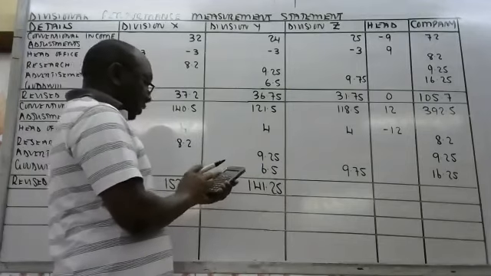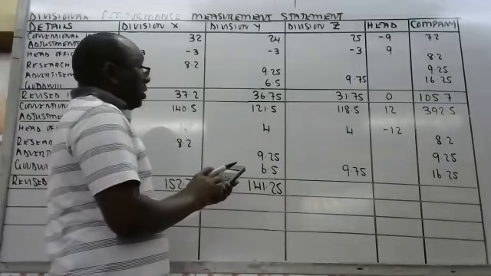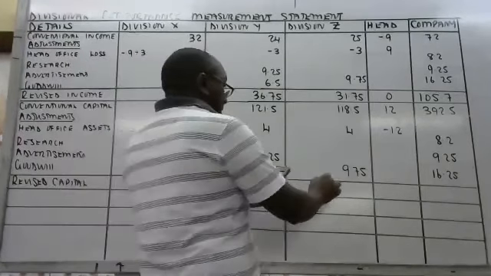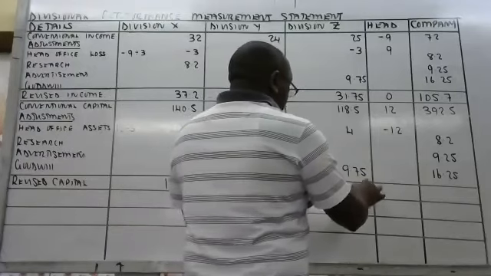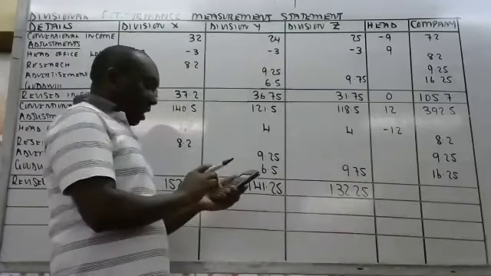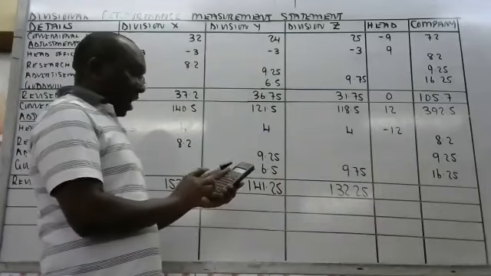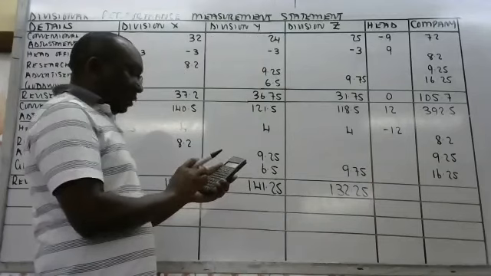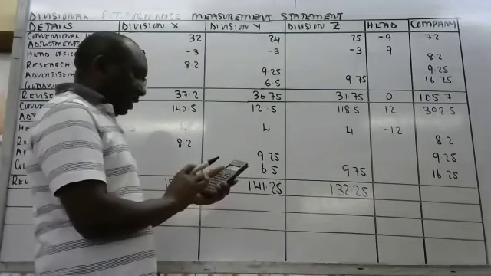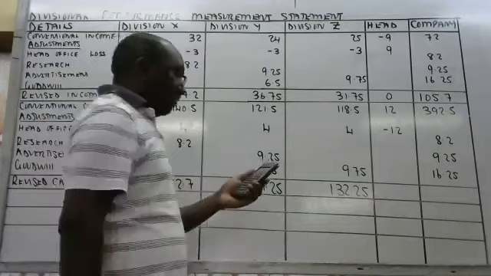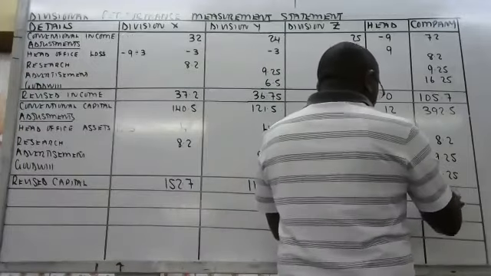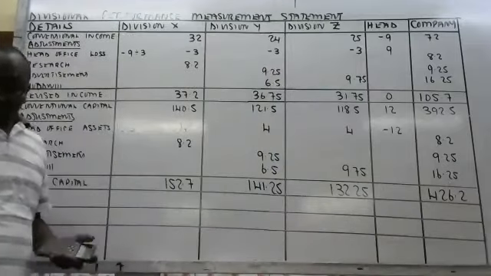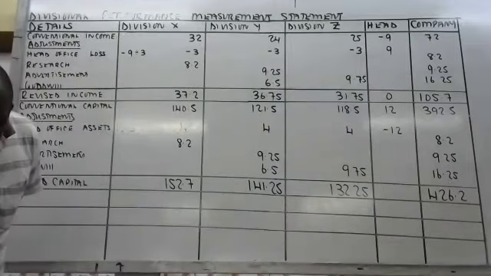Then 118.5 plus 4 plus 9.75 is 132.25. Then for the company, 392.5 plus 8.2 plus 9.25 plus 16.25, I get 426.2.